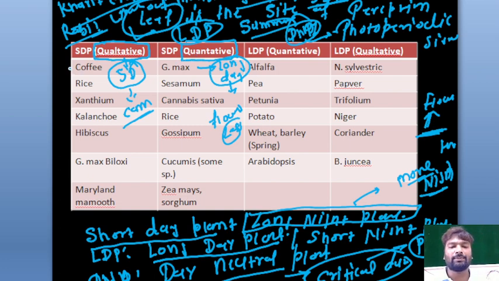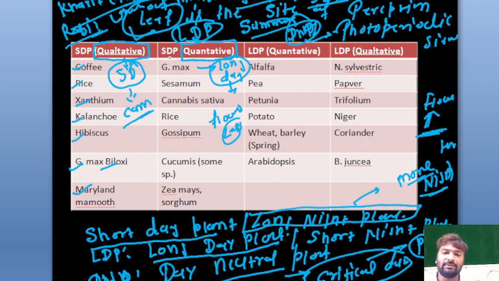Some examples are coffee, rice, Chenopodium, Kalanchoe, hibiscus, Glycine max Biloxi, this is a variety, and Maryland Mammoth. They are qualitative short day plants, meaning they can grow only under short day conditions.